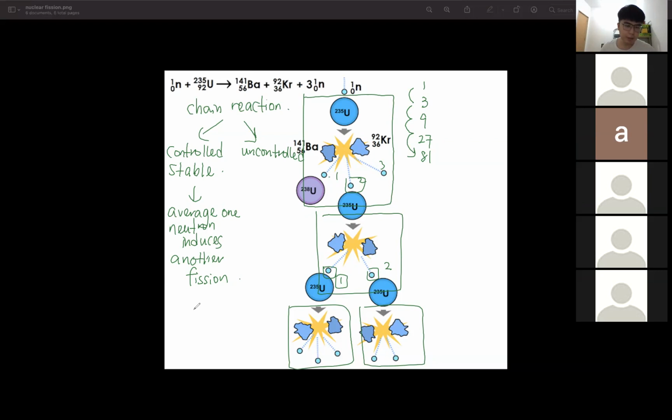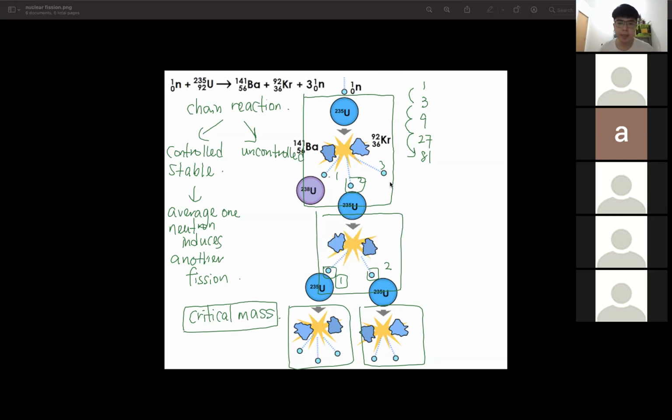One thing about the term critical mass. What is a critical mass? Sometimes you see this word. So if you remember, I said that the neutron is going to hit another uranium atom, right? And then start another fission.